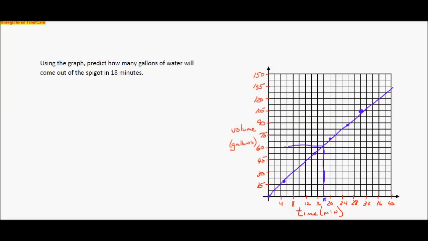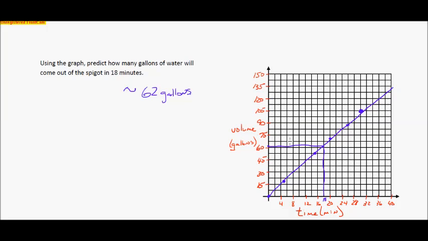It looks like it's a little over 60 gallons, so I would predict approximately, okay, if you want to approximate, you can use this little similar symbol. I'm going to say about 62 gallons.